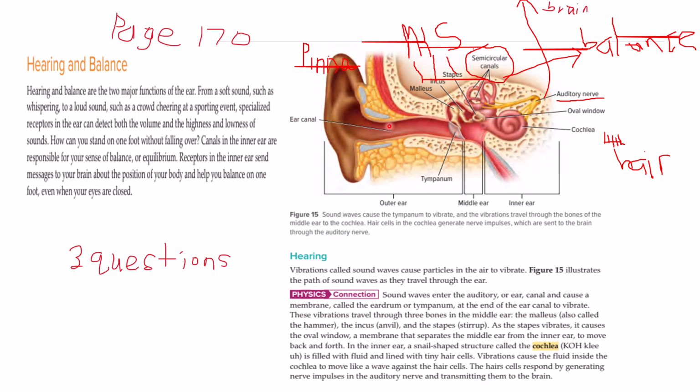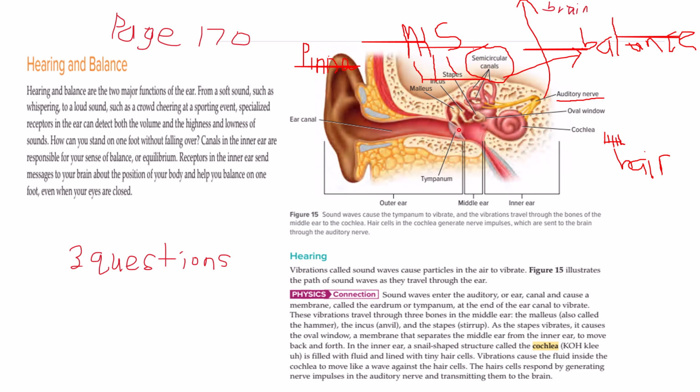The ear canal leads to the tympanum. Then the middle ear mainly consists of the malleus, incus and stapes, which are the three bones present here.